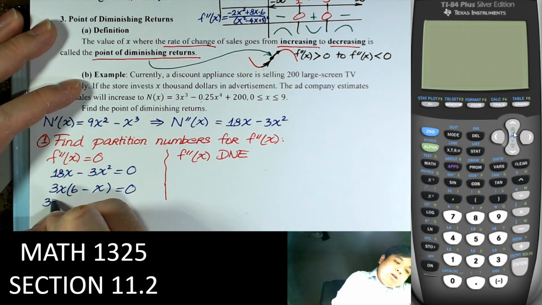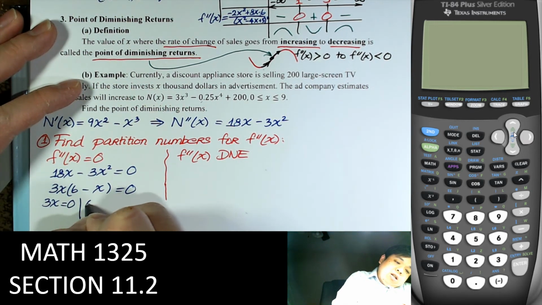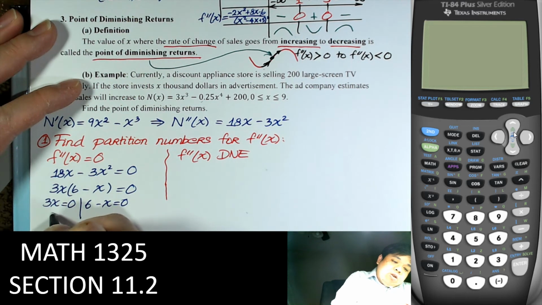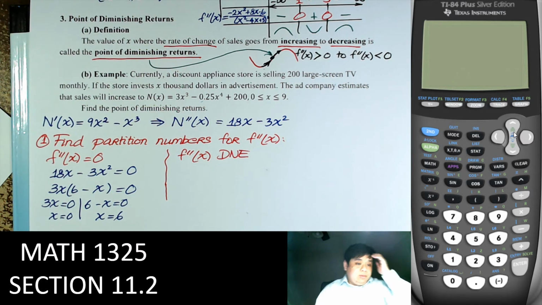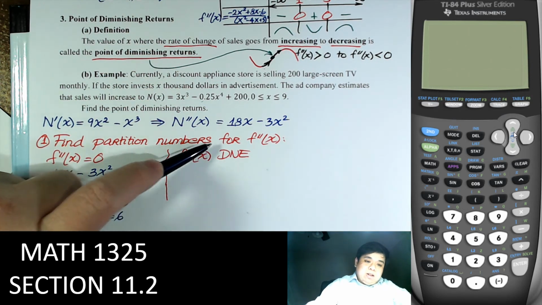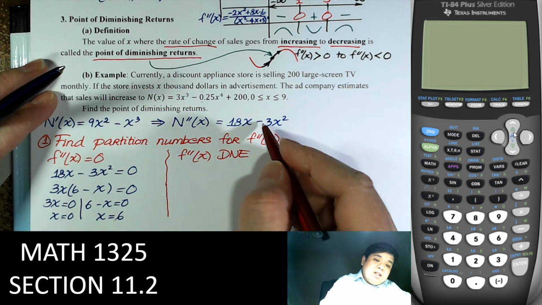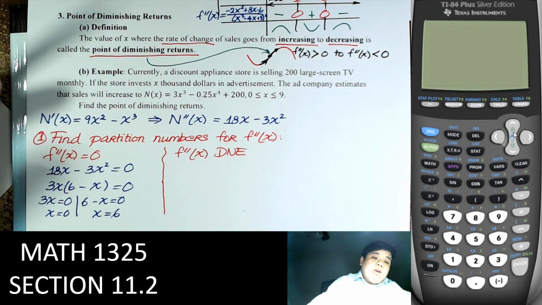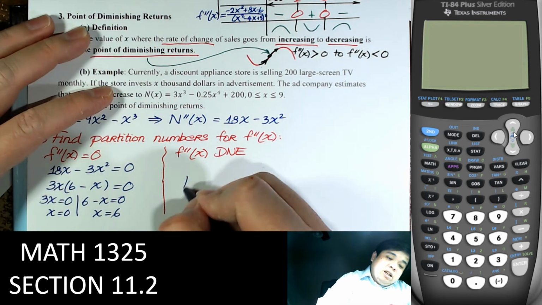Here we just factor out 3x, which gives us 6 minus x. So 3x equal to 0, or 6 minus x equal to 0. So we have x equal to 0 or x equal to 6. The second derivative does not fail to exist anywhere, it is defined everywhere, so we do not have anything there.